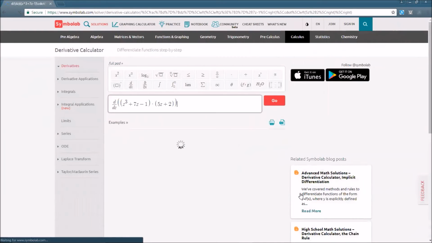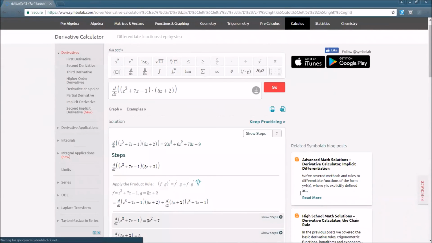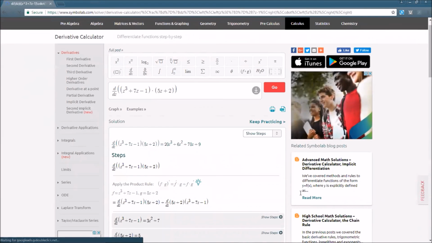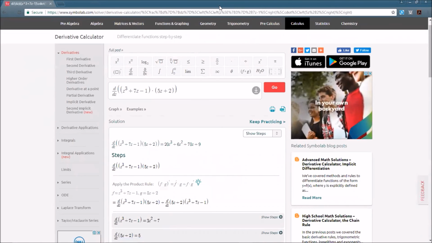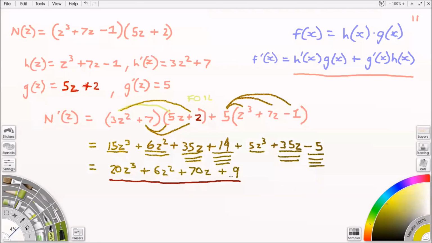Let's go for gold. We got 20z cubed plus 6z squared plus 7. That's what we got. I'm pretty sure. Let's go back.